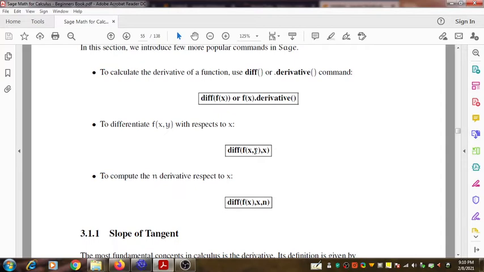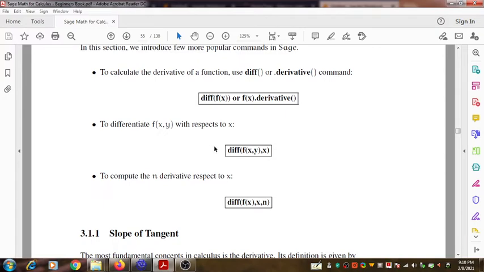On the other hand, if you want the derivative with respect to y, you replace x by y in this expression.